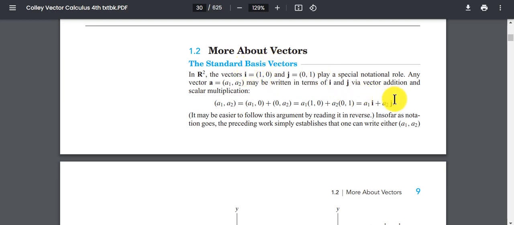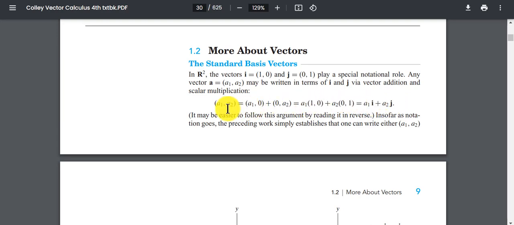These are the 2 standard basis vectors. So it can be broken up into a constant a1 times the first standard basis vector, which is i, plus a constant a2 times j, which is the second standard basis vector. So any vector can be broken up this way. And this is very simple to break up.